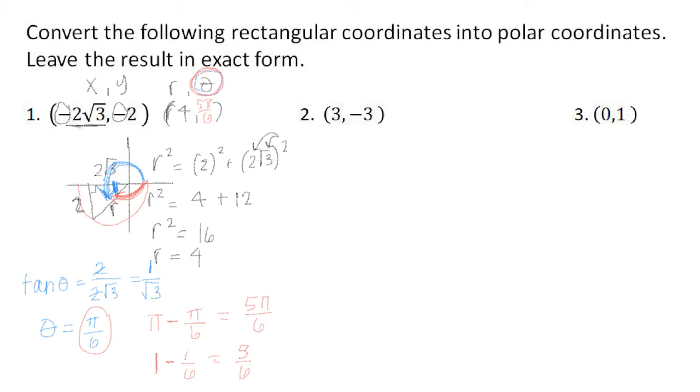Okay, following the same process, let's try number 2. Again, I would suggest that you make a rough sketch. Let's see, what quadrant would this one be? Positive 3 and then negative 3, so that's going to be somewhere down here.